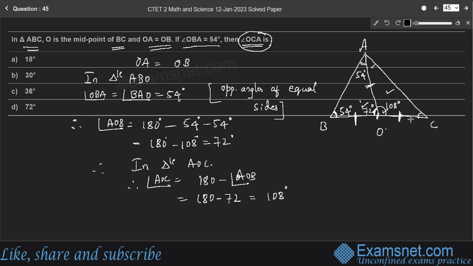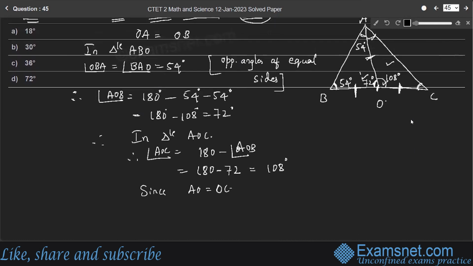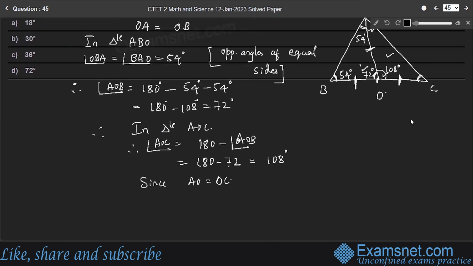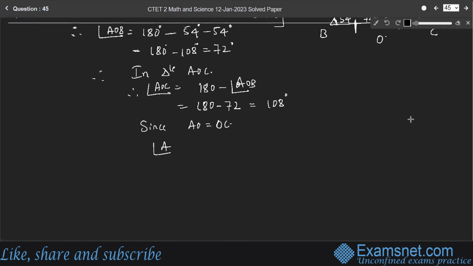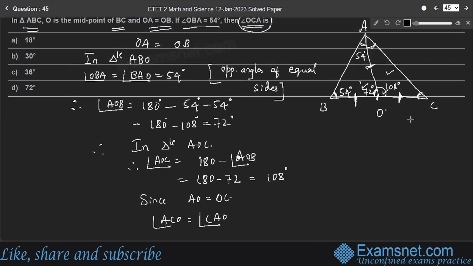Since AO is equal to OC, in triangle AOC their opposite angles are equal. So angle ACO is equal to angle CAO. Therefore, we will consider the sum of the interior angles.